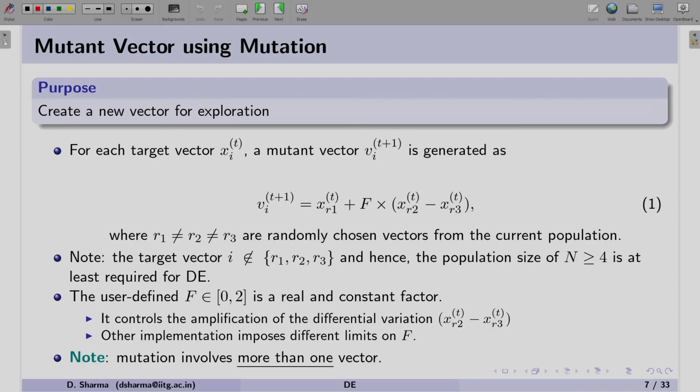Now, here there is an important note I have written at the bottom, that this mutation involves more than one vector. Let us remember that when we were working with genetic algorithms, we understood crossover and mutation operators as follows: in the crossover operator we need more than one solution, because these solutions exchange some information and create new solutions.